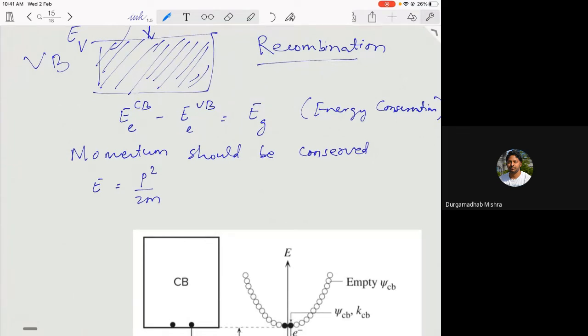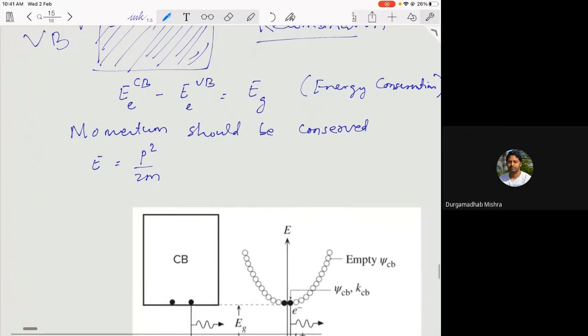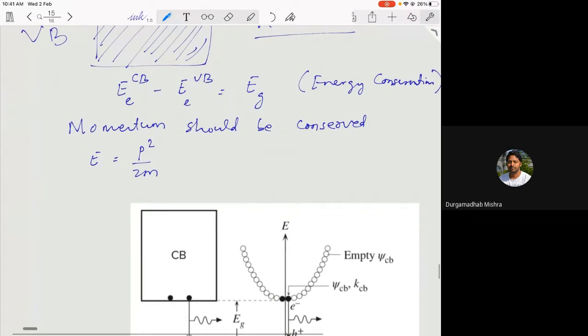And there is a different representation of electrons in a band when we talk about the momentum. Each electron is like a wave, right? It's a quantum mechanical representation. It is like a wave function, a traveling wave which has momentum associated with a wave vector k.